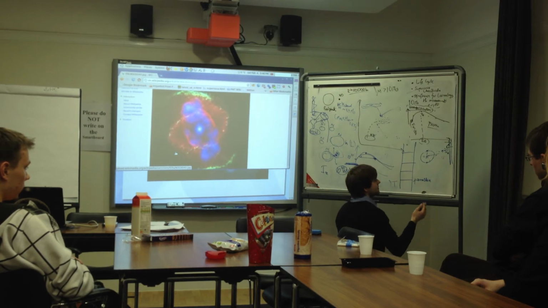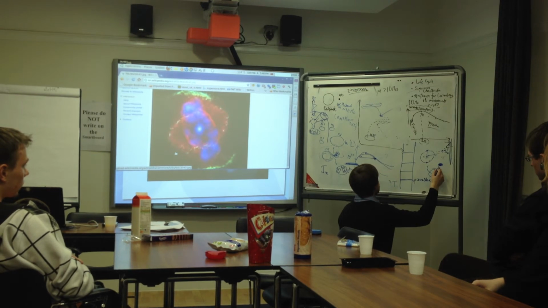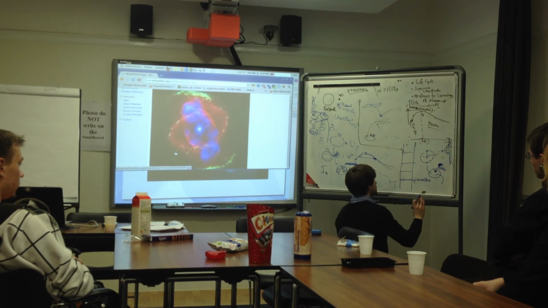So assume that by parallax measurement, we know that the Magellanic Cloud is, I think, 500 kiloparsecs. So you know the distance measurement. The next step is Cepheids.